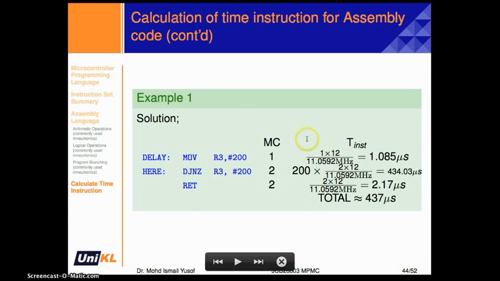So using the formula straight away, we have 1 machine cycle times 12 divided by 11.0592. It doesn't make any difference, there's not much difference between 0592 and 0593. So the first line will execute in 1.085 microseconds.